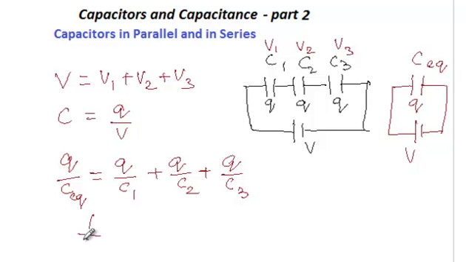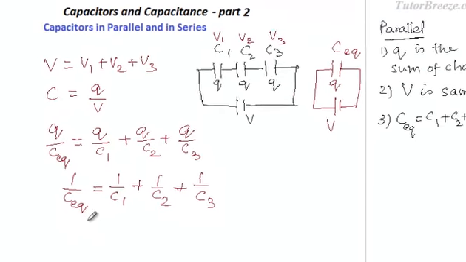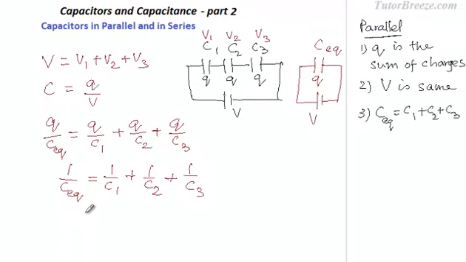So we get 1 over C equivalent is 1 by C1 plus 1 by C2 plus 1 by C3. So you have to add the reciprocal of all the capacitances to get the reciprocal of the equivalent capacitance, and then after you have added these, you need to take the reciprocal to find the equivalent capacitance.